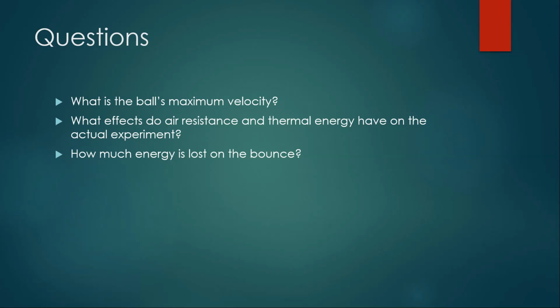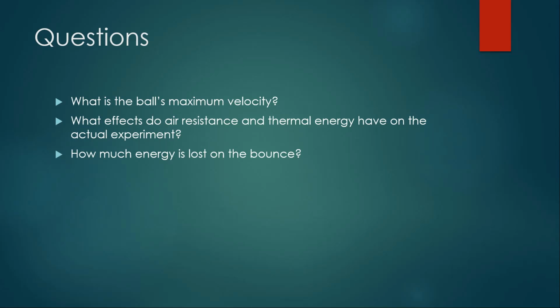In the opposite direction of gravity was air resistance, so I calculated it out to be 0.0019 joules lost to air resistance. And what effects do air resistance and thermal energy have on the actual experiment?